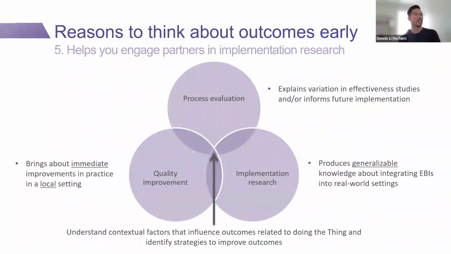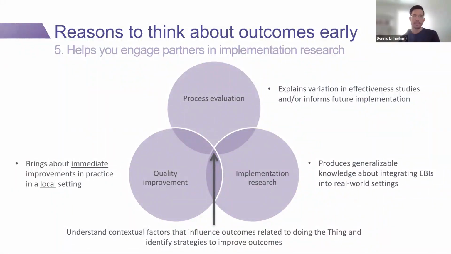And then finally, thinking about outcomes early really helps you engage your partners in implementation research, especially when they get lost in the jargon very easily. Implementation partners, community partners are very familiar with process evaluation. They understand quality improvement inherently.